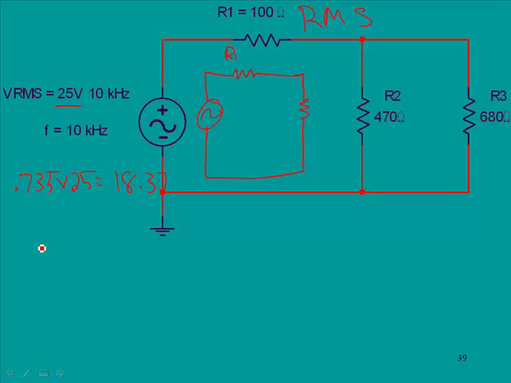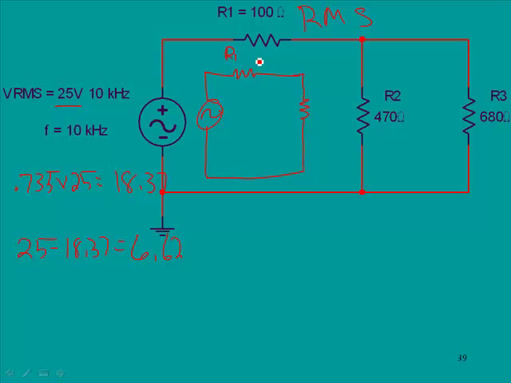And again, if we used Kirchhoff's law and took our initial 25 volts minus 18.37, that would yield our voltage across R1, which is going to be about 6.62, something like that.